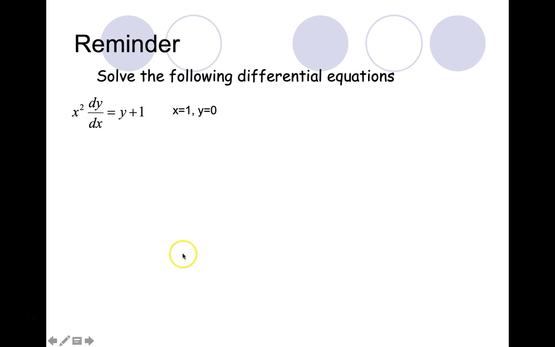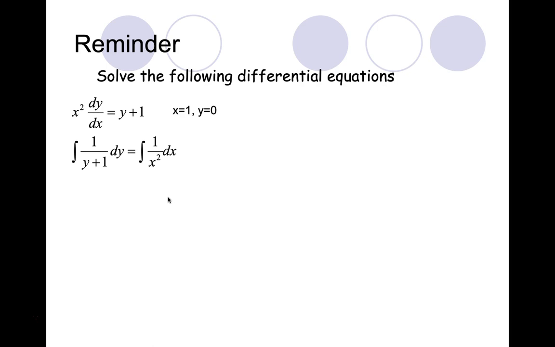Remember, we said that you treat this dx as if it was a term in this equation. This means you send out dx, so you send all the x terms on one side, on the right hand side, and send all the y terms on the left hand side, including dy. And then you integrate.